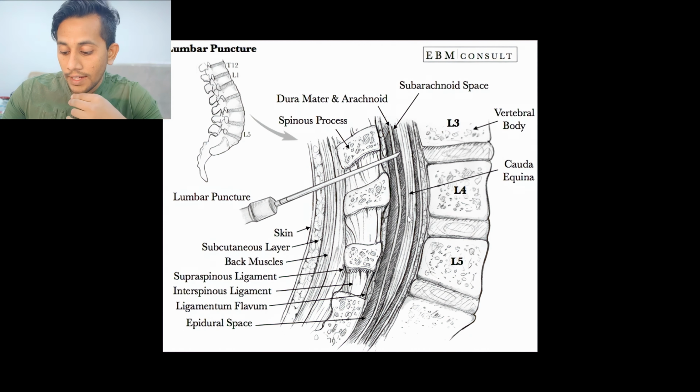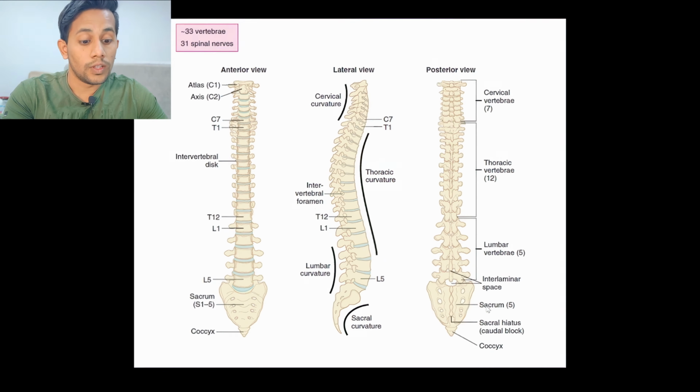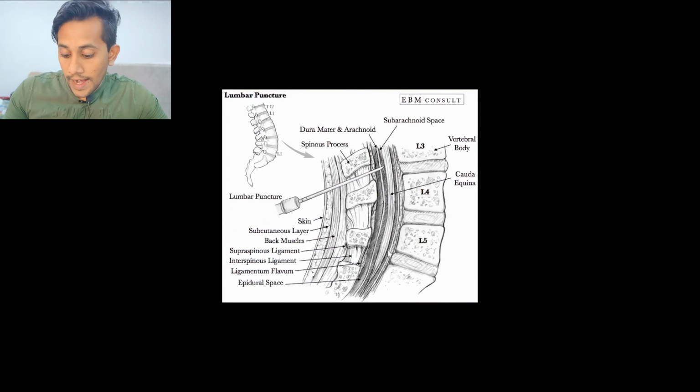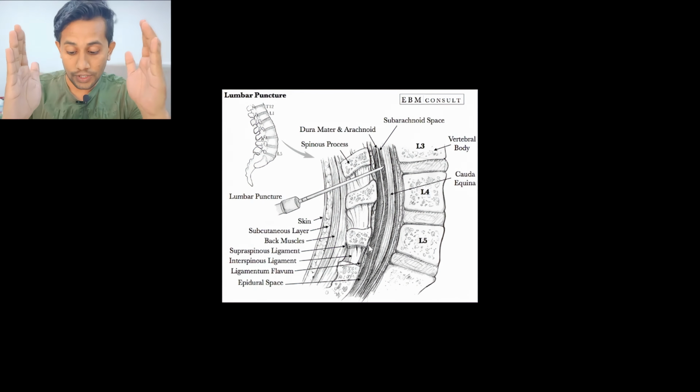If you take a look at the previous image, the gap here is even bigger. But why don't we do it between L5, lumbar 5, and sacrum 1, S1? The reason is that in some adults, the arachnoid space ends at S2 or S3. So you need to make sure that your lumbar puncture is performed between L2 and S2.